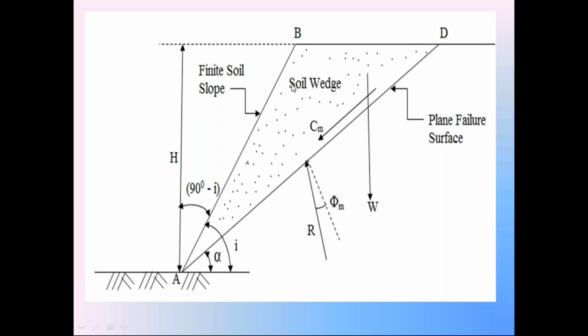This side wedge in the failure situation is moving downward. At the time of failure, the cohesion in the side wedge is called mobilized cohesion, Cm.